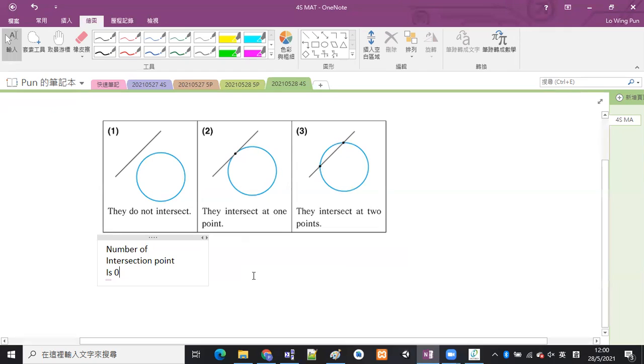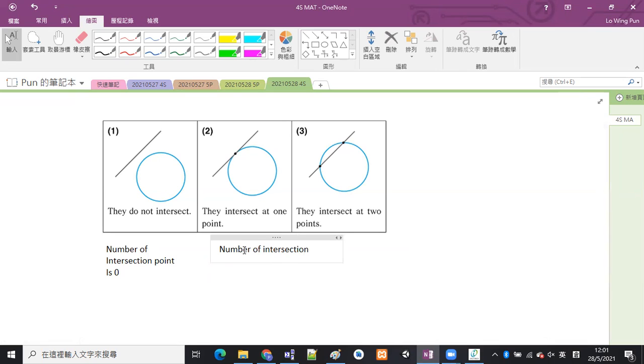And then the second case, case 2, will be like this. The number of intersection points is 1.